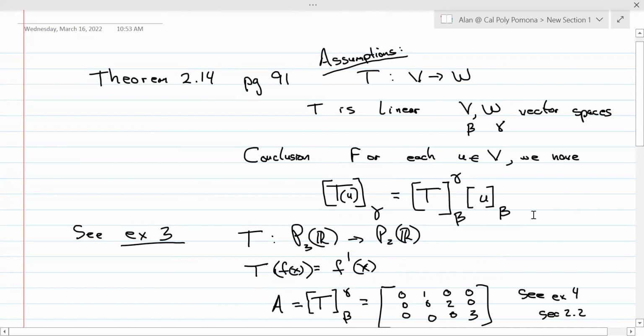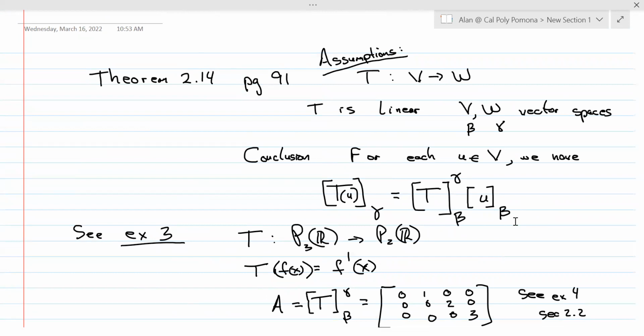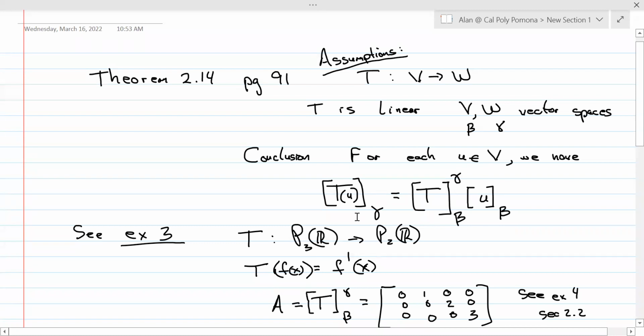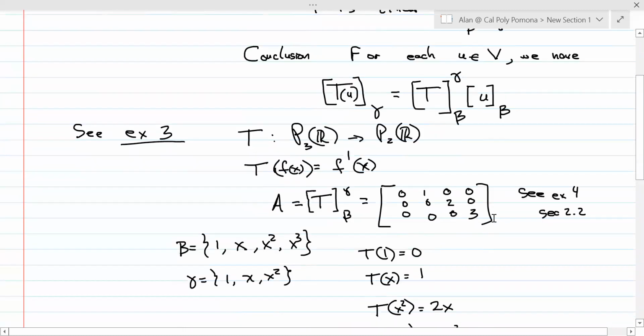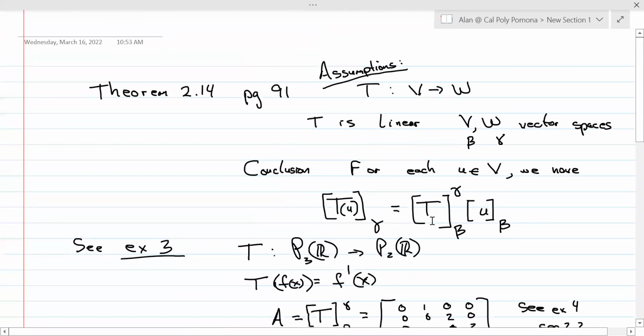Now, what it means to me, let me see if I can put this into colloquial or everyday language. What it means to me is if you have a linear transformation going from V to W, and you turn it into the matrix, what this theorem is saying is if you have a vector u in V, turn that vector into its coordinates in basis beta and make a column vector out of it.